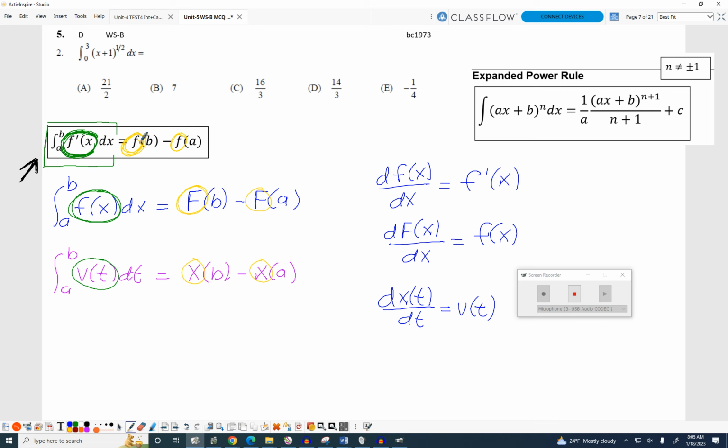Perfect. So now you can turn it around and you can say this. The yellow is the antiderivative of the green. So the green is the derivative of the yellow. The yellow is the antiderivative of the green. 2 points for Cecily. So the fundamental theorem says if you don't have a calculator, you can't calculate the integral of this green.